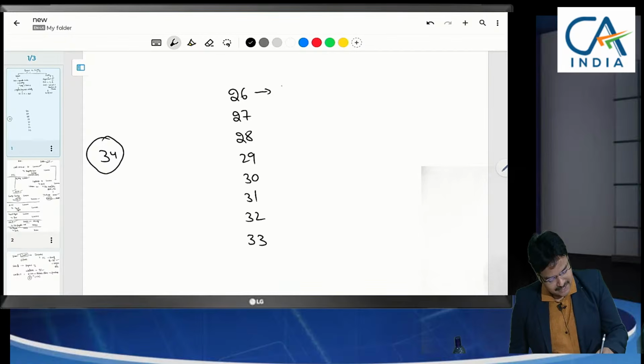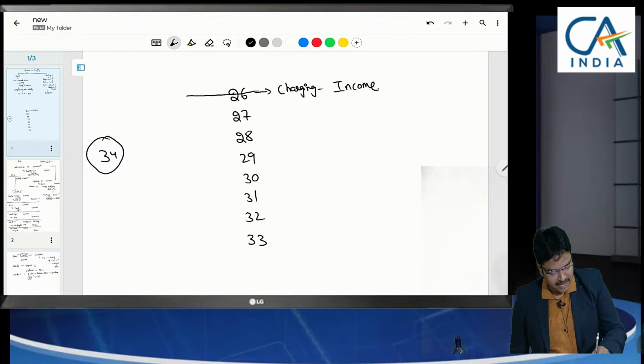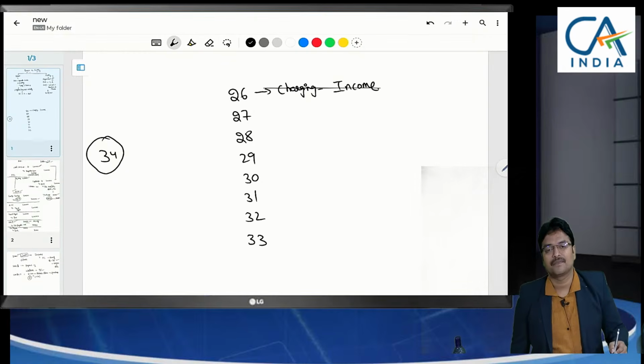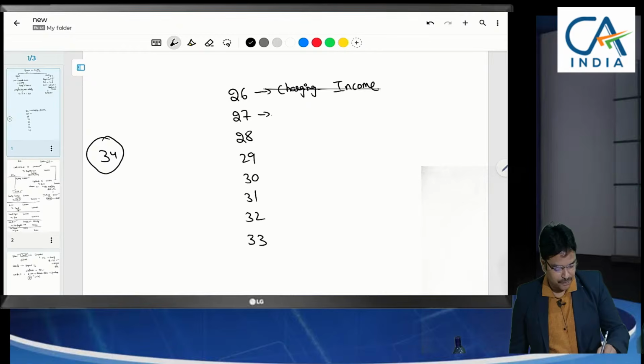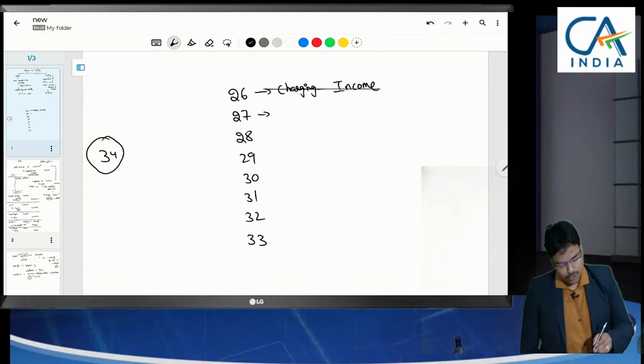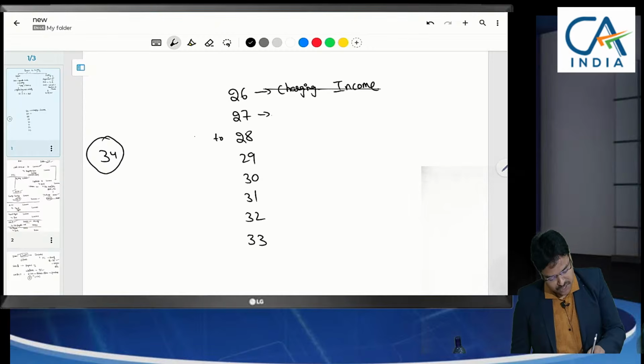Section 26 is the charging section which deals with income, not expenses. That is why let me strike it off. Section 27 has specified that business income is to be computed using sections 28 to 65. That means it has specified the manner of computing business income.